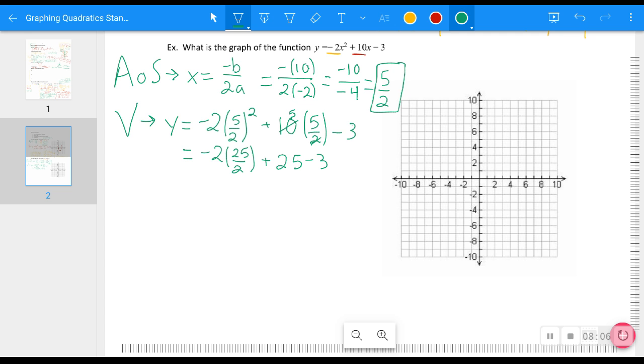And you can plug that into your calculator if you want, but it should come out to be 15.5. So then our point is going to be 5 halves, 15.5.